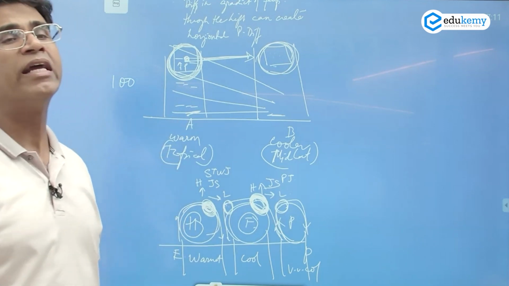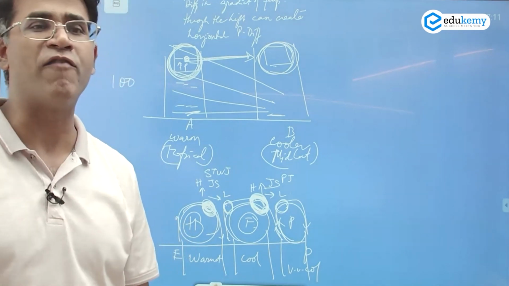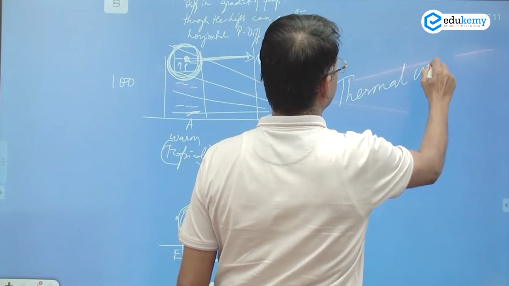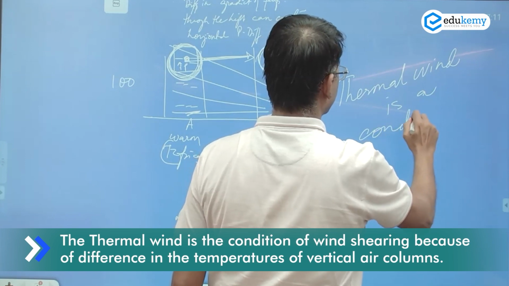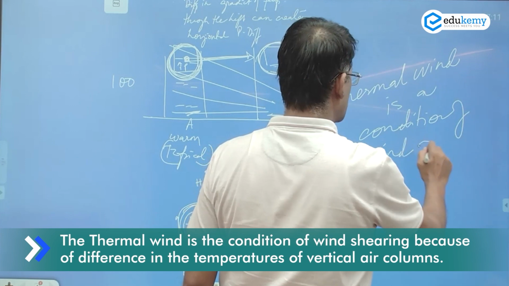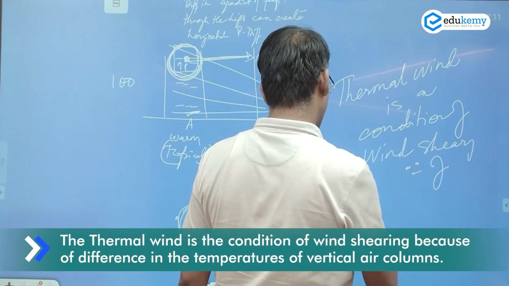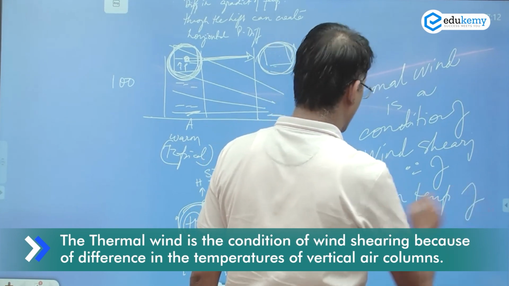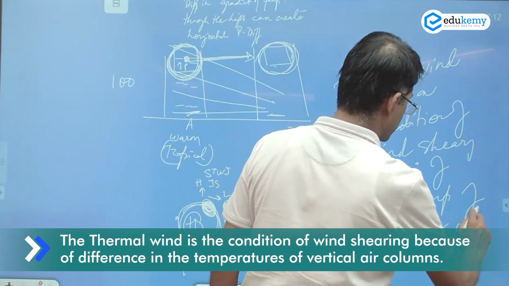Remember, thermal wind is not a type of wind. Thermal wind is a condition of wind shearing. Remember this. The thermal wind is a condition of wind shearing because of difference in the temperatures of vertical air columns.